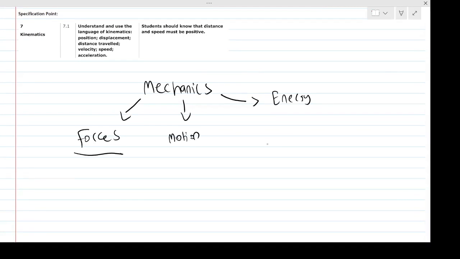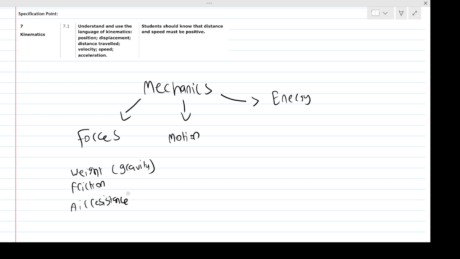So firstly, forces, so that's stuff that is in newtons. You have, for example, weight, which involves gravity. The idea of weight is that it pulls you down. That's a force. You've got, for example, friction, stuff that slows you down. You've got air resistance.